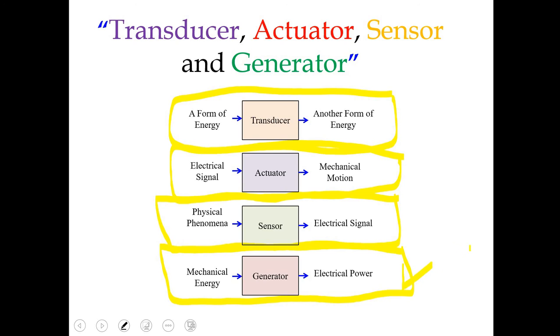The generator mainly focuses on converting mechanical energy into electrical power, the sensor converts physical phenomena into an electrical signal, and the actuator converts an electrical signal into a mechanical motion. Then we talked about the transducer, converting any form of energy into another, but at very low power. So this one will be low power.